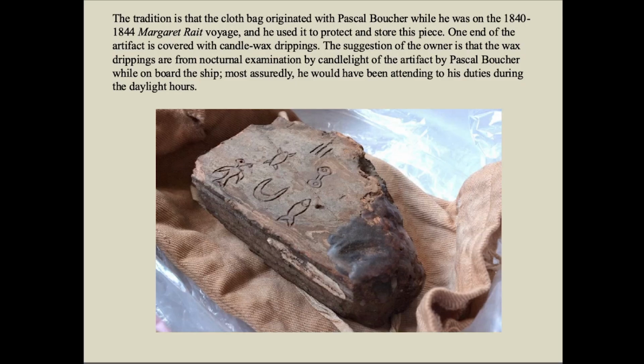These are my photographs of it, and I am convinced that yes, this is a genuine, real piece. It's got wax on one end, for instance, and I've seen this on other specimens where apparently the whaling crew, probably Pascal Boucher himself, were studying it by candlelight at night because they'd be working during the daylight hours doing their whaling duties.